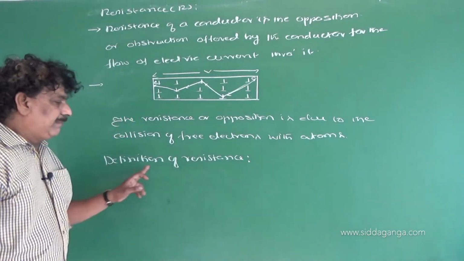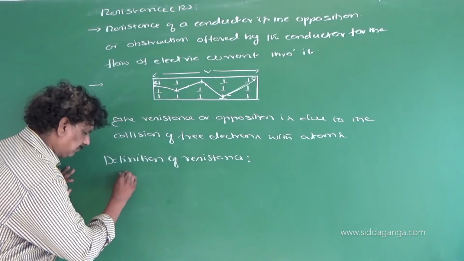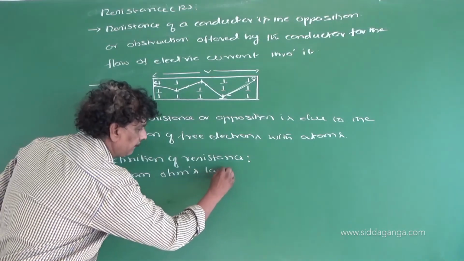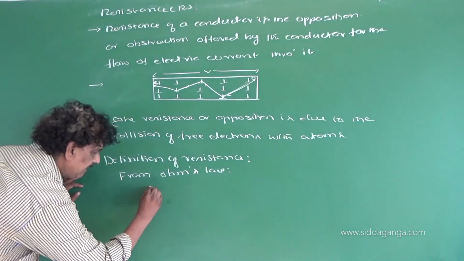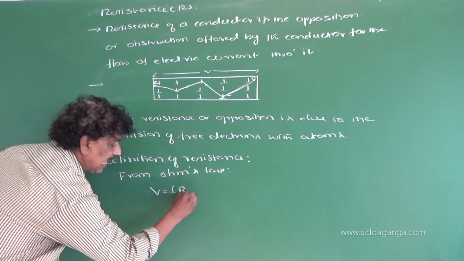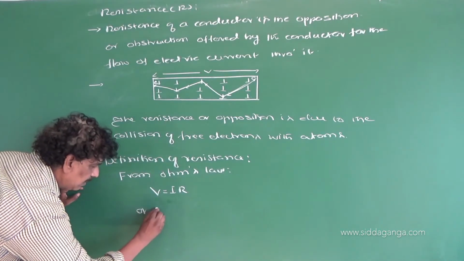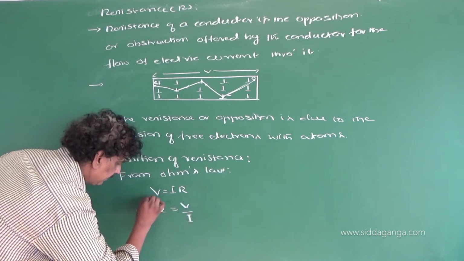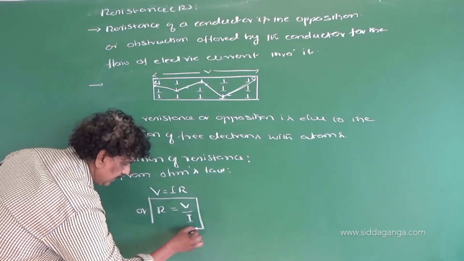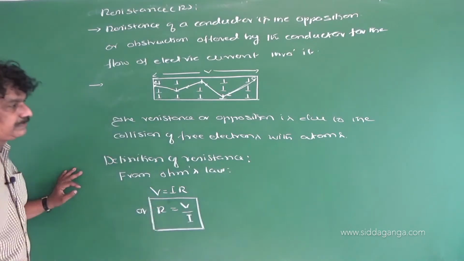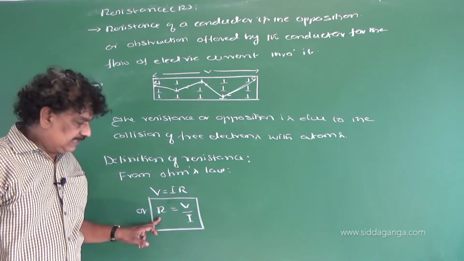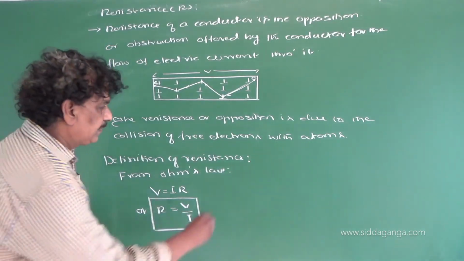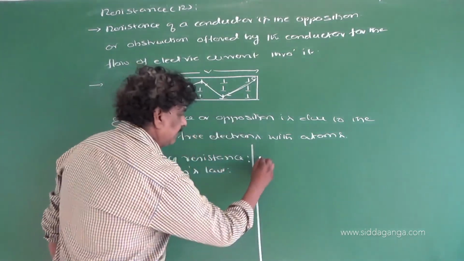Now, from Ohm's law, we have V is equal to IR, or R is equal to V by I. Here, what is R? Electrical resistance. V, potential difference. I is current.